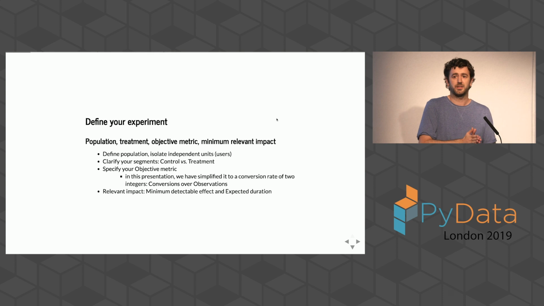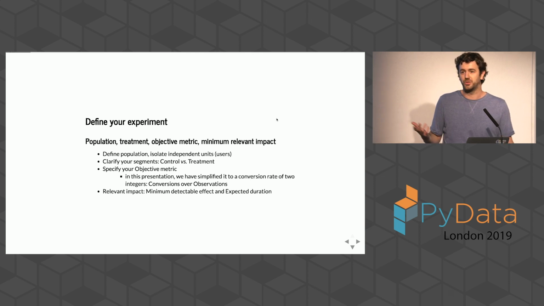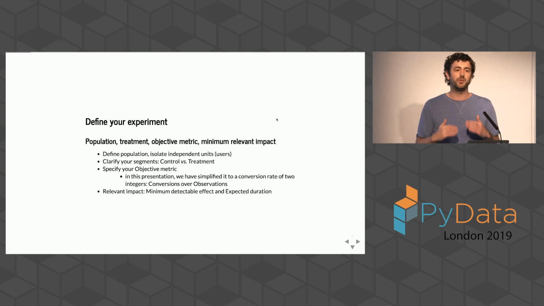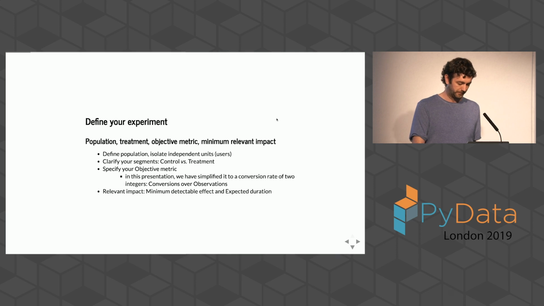If you want to detect a very, very tiny difference, like 30 to 30.001 euros, it would take a really, really large sample size, and depending on the traffic of your website, it would take years to reach a conclusion. So it's important to define how much you are willing to wait to detect the difference that you consider to be relevant.